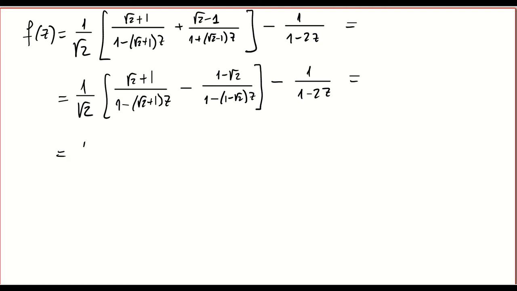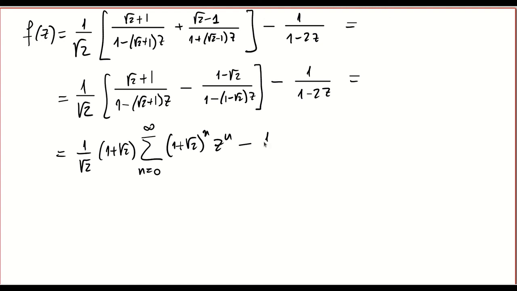So we have 1 over square root 2. This series here is, of course, square root 2 plus 1, or let me write it in a different order, 1 plus square root 2, just to have it in this order here. And then the sum from 0 to infinity of 1 plus the square root 2 to the n, z to the n. This is the first term.